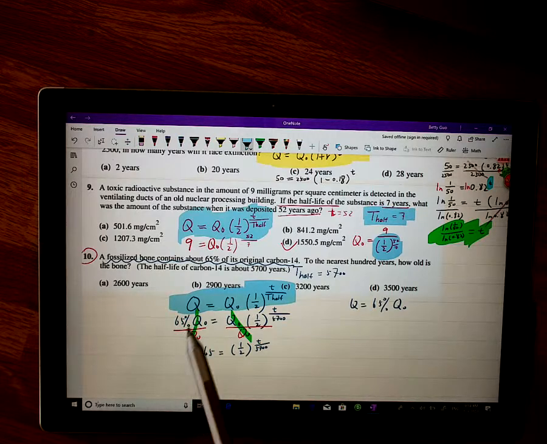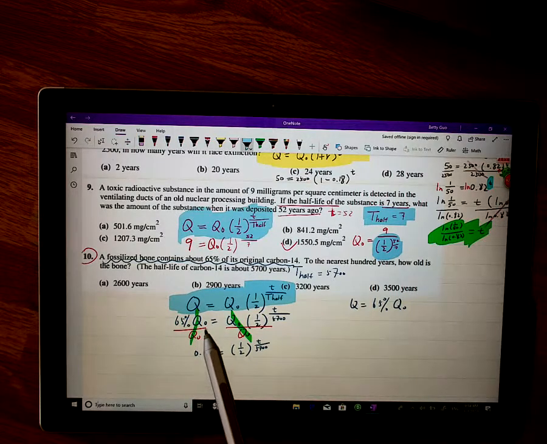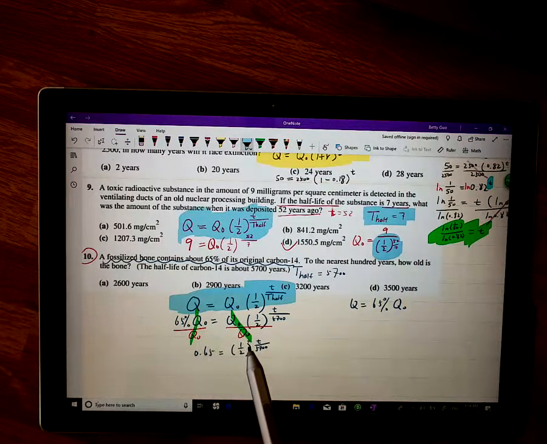What you need to do is you plug in Q equals 65% times Q sub 0, and you would see on both sides of the equation, you have Q sub 0. You could cancel out Q sub 0. Then you would have 65%, which is 0.65, equals half to the power of T over 5,700.